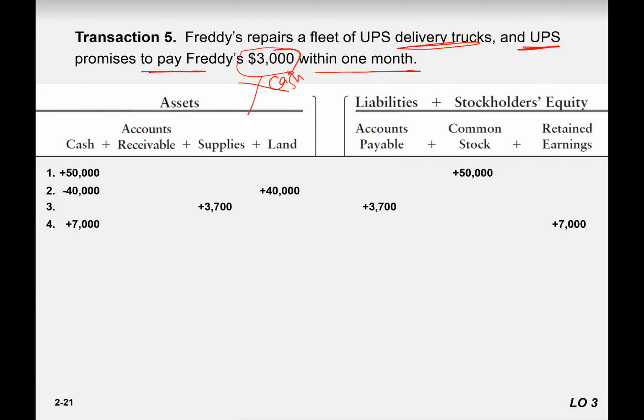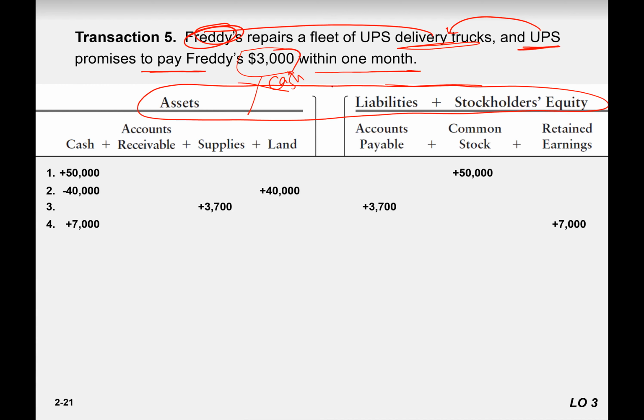Who is UPS? Who owns this truck? And who repaired the truck? Fridays. And Fridays is basically an auto repair company, right? And does this equation belong to Fridays or UPS? Fridays, right? So Fridays will receive money after 30 days.